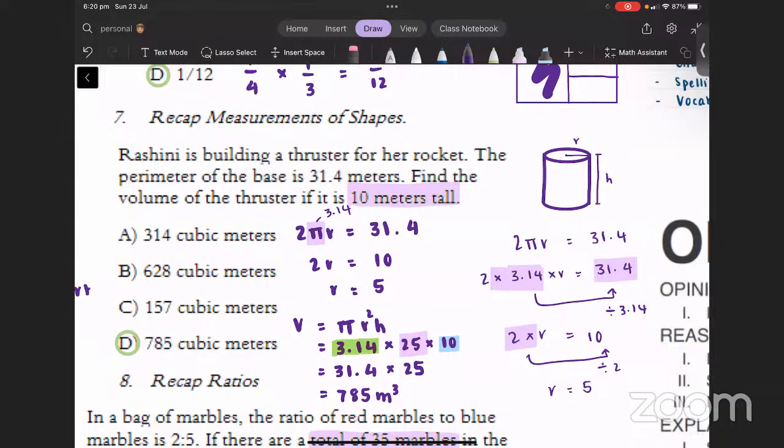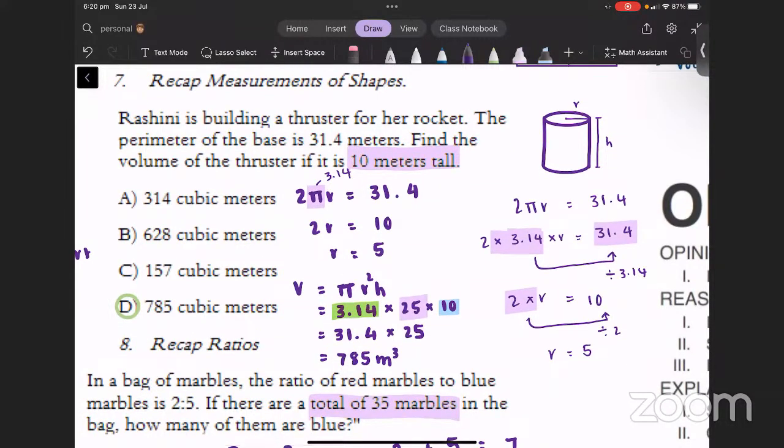And then if you look at your answer options, the answer option that's closest to 750 is 785, which is D. So you didn't even really have to do the actual proper working out for that one. If you just round it, you can find the closest answer.